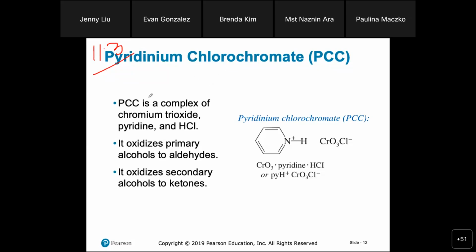Pyridinium chlorochromate is a complex of chromium trioxide, pyridine, and HCl. So this is the pyridine, and this is the chromium trioxide, and this chloride ion comes from the HCl. So this is actually the PCC complex.